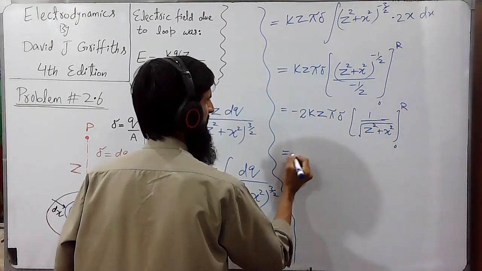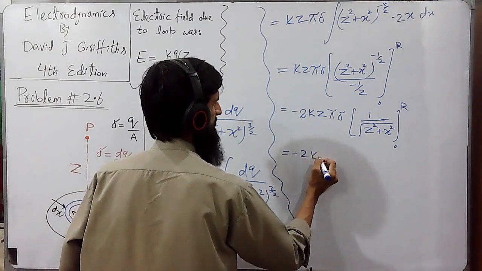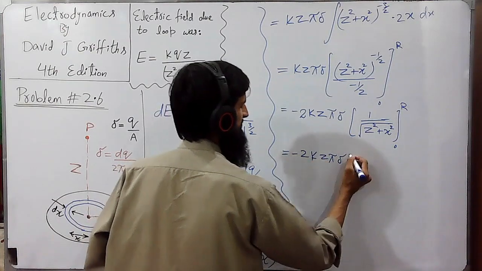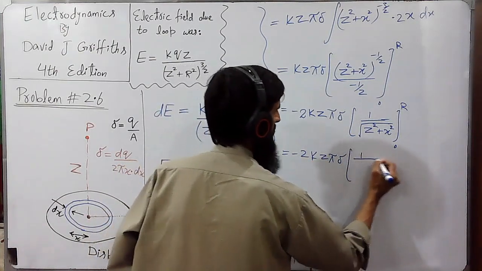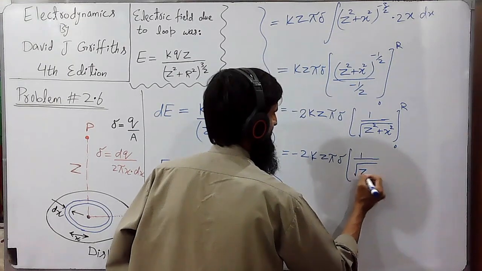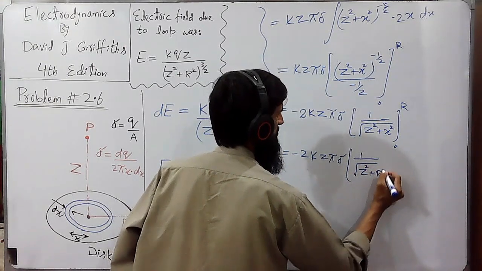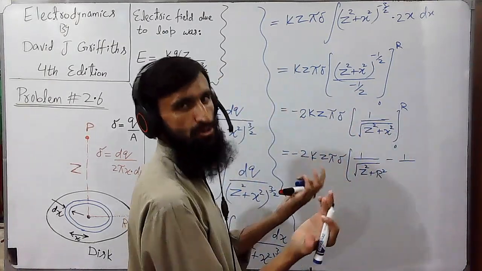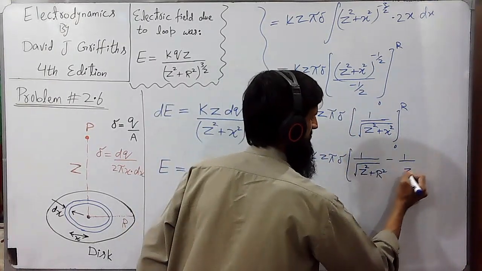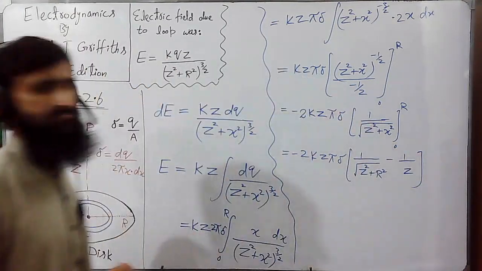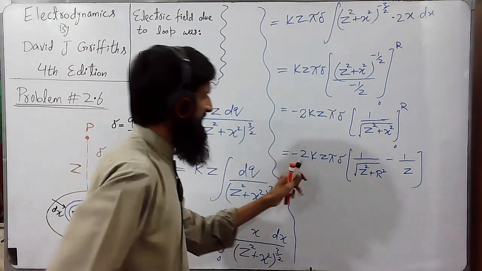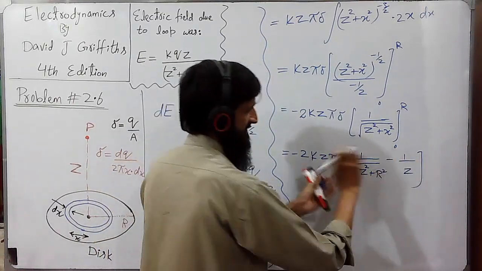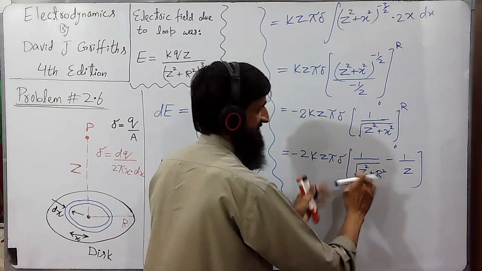If I apply these limits of integration, it becomes 1 divided by square root of z square plus r square, minus 1 divided by z square plus 0 square, which finally becomes 1 by z. Also, if I multiply this negative sign inside the bracket, both these terms will change their position.